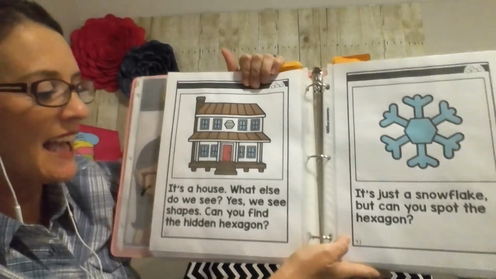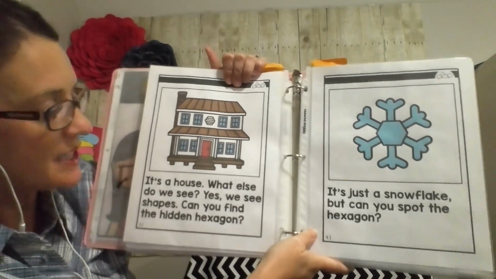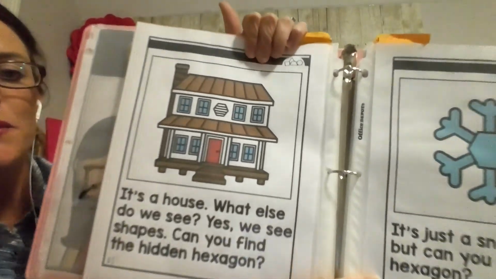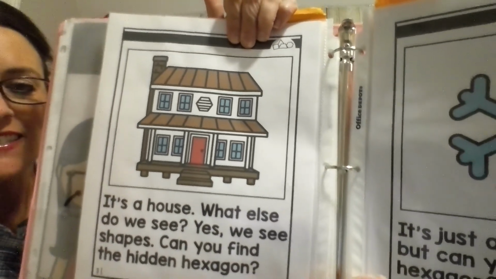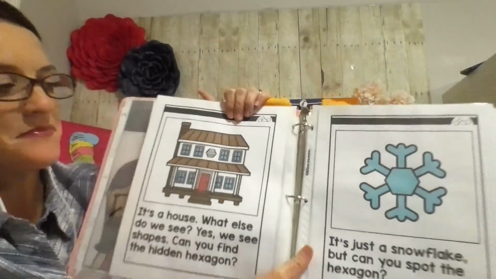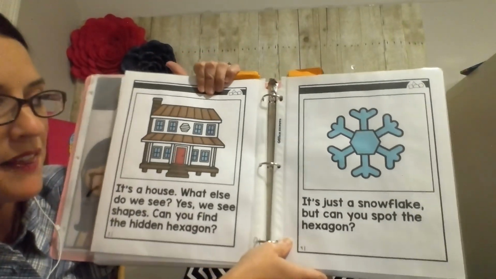All right, it is a house. What else do you see? Yes, we see shapes. Can you find the hidden hexagon? Oh, can you find it? I see it. Do you see it right there? It's just a snowflake. But can you spot the hexagon?